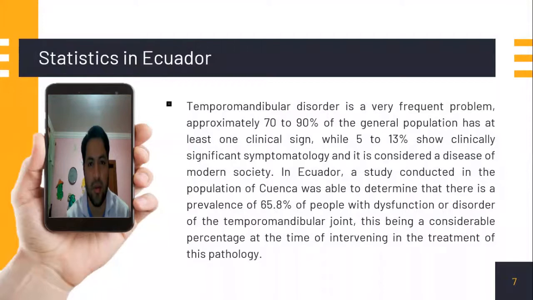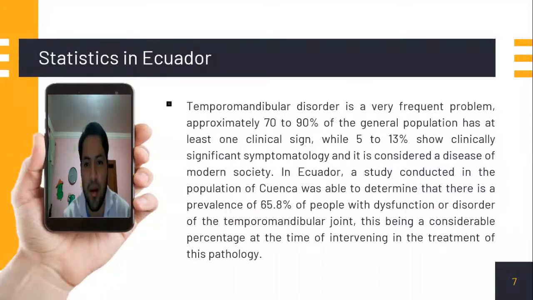Statistics in Ecuador. Temporomandibular disorder is a very frequent problem. Approximately 17 to 19% of the general population has at least one clinical symptom, while 5 to 15% have clinically significant symptomatology. It is considered a disease of modern society.